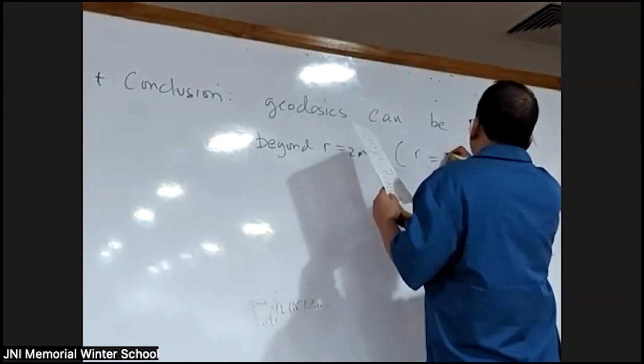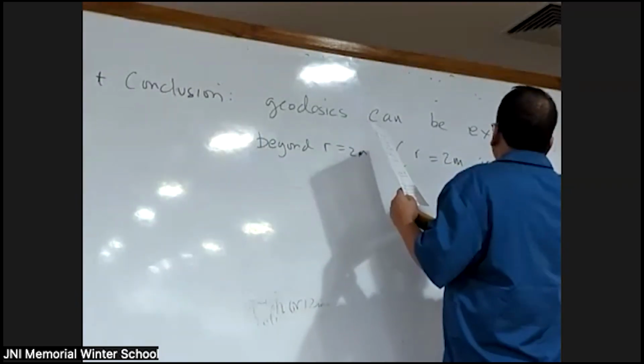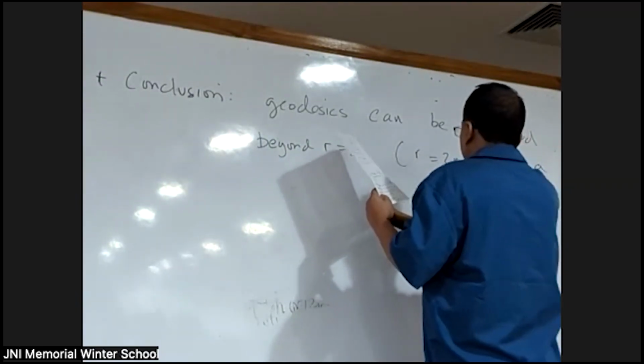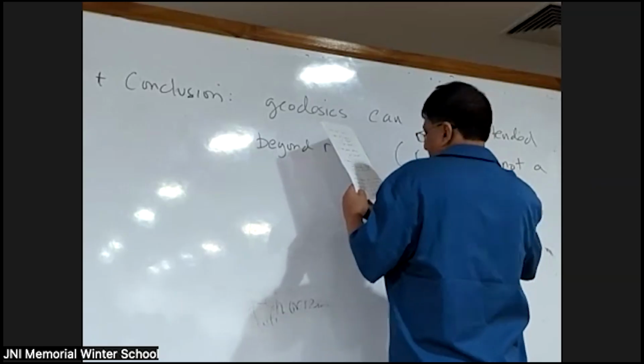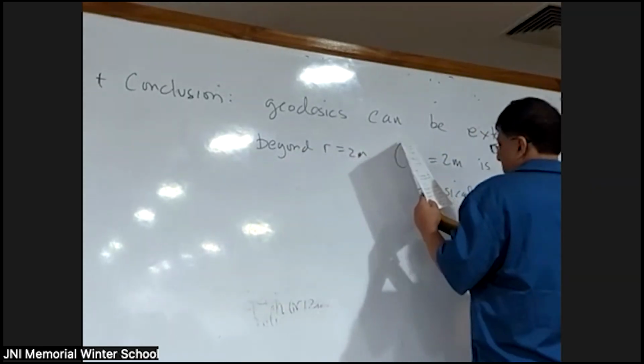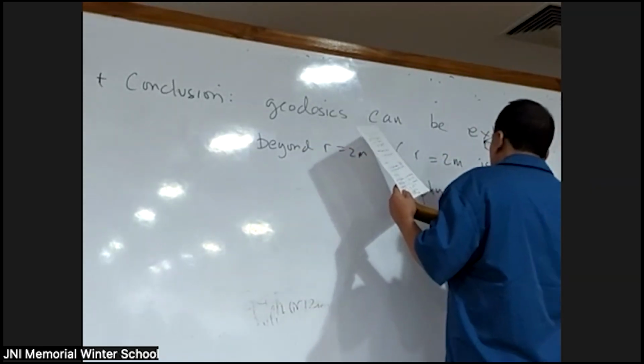So r equals 2m is not a physical singularity. It's a coordinate singularity.